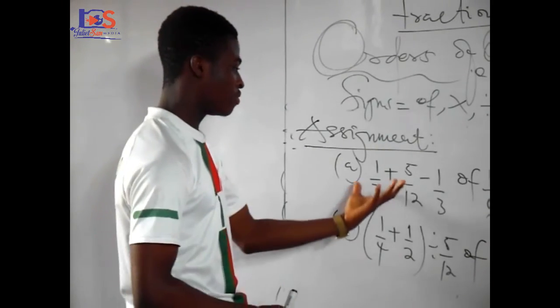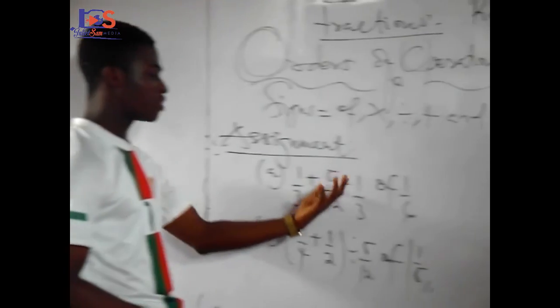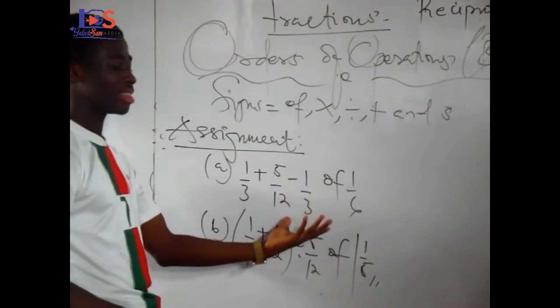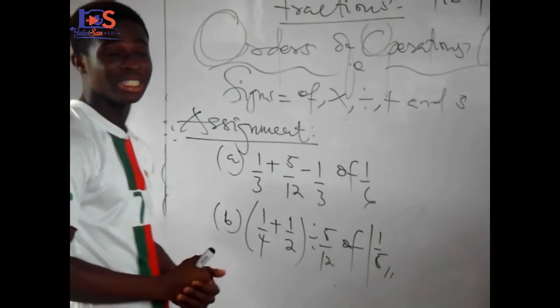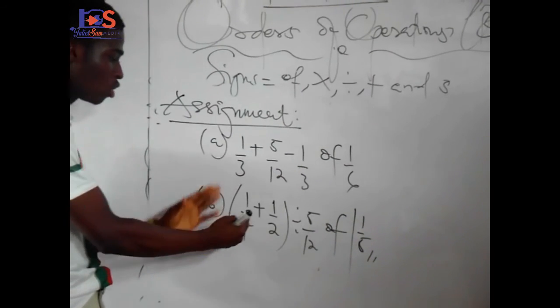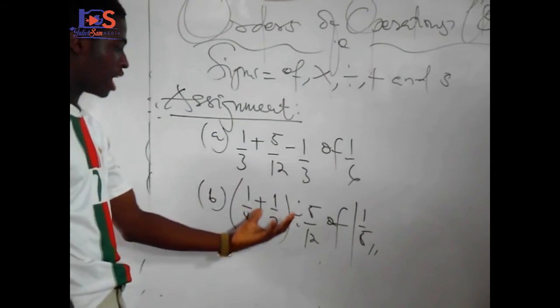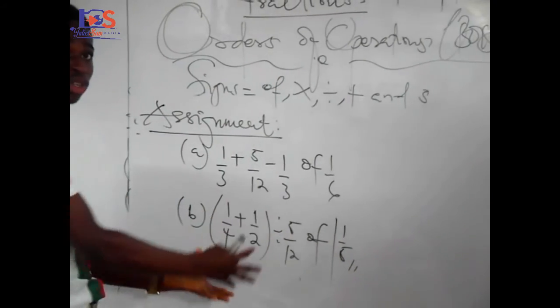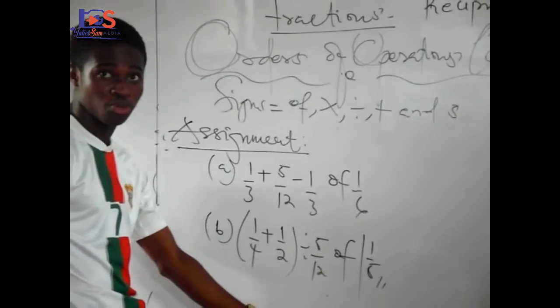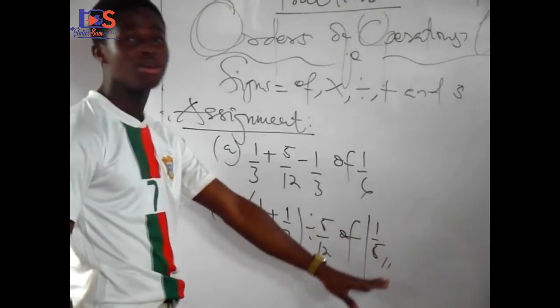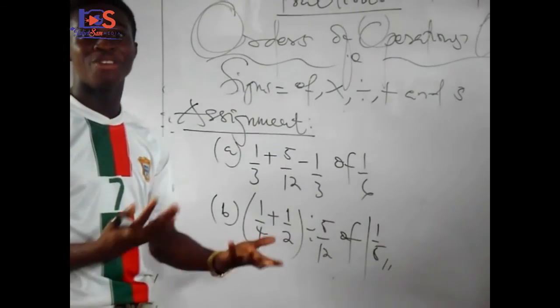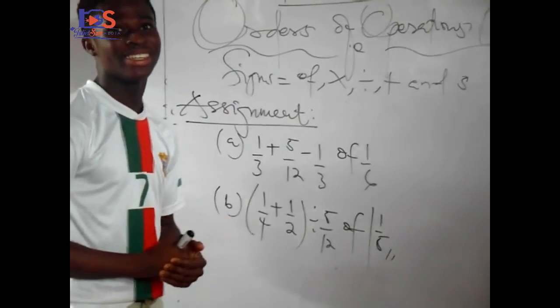As you can see, the first one is 1/3 plus 5/12 minus 1/3 of 1/6. The second one is open bracket 1/4 plus 1/2, whereby the bracket is being closed, divided by 5/12 of one whole number 1/5. I know you'll be able to do it.